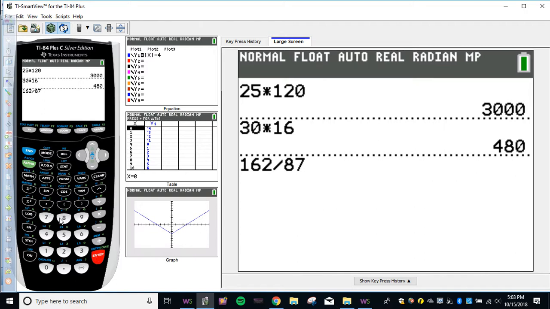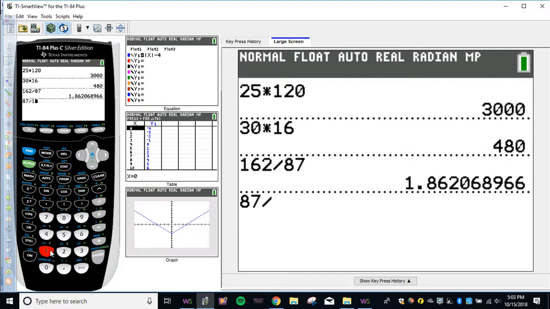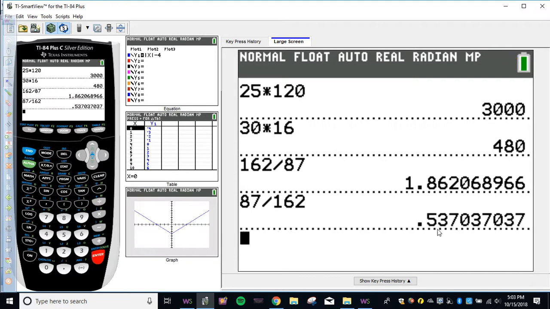Let's look at it the opposite way. 87 divided by 162, right? Actually costs a little more than half as much because it's 0.53. If we change from a decimal to a percent, you move the decimal place 2 to the right. So it's about 53%.